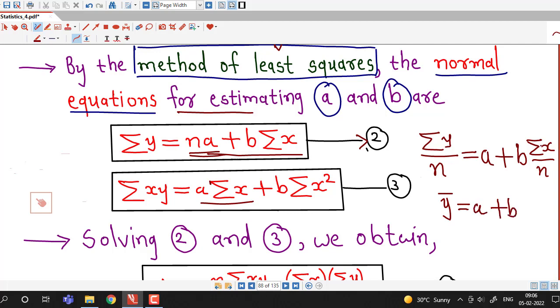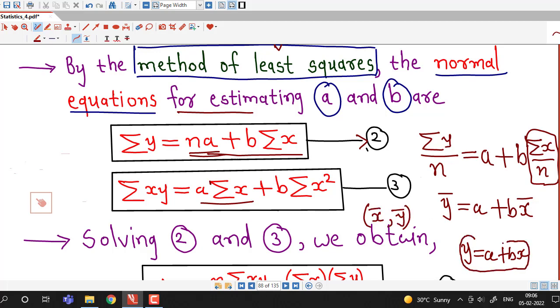Similarly, sigma x divided by the total number of values is x bar. So we obtain that y bar equals a plus b x bar. Our line is y equals a plus bx, and this point x bar, y bar satisfies this equation.